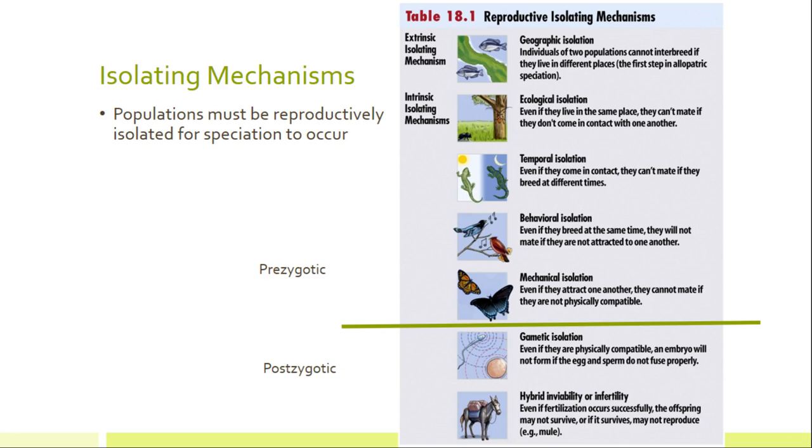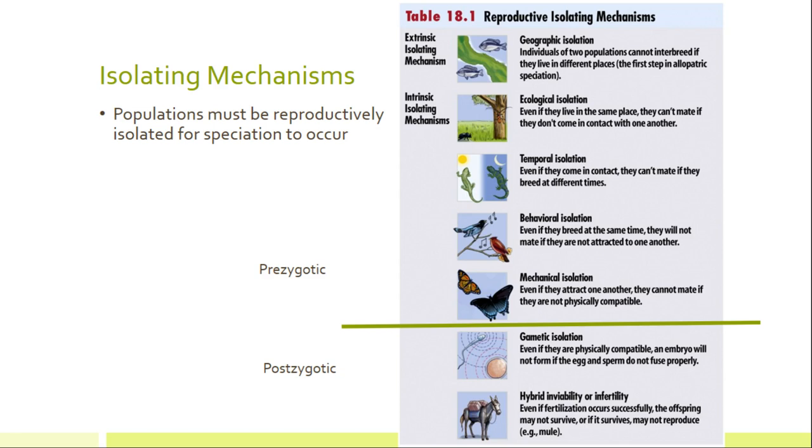All right, so postzygotic. Let's say that geography works, ecology works, timing works, behavior is good, and everything else works, right, physiologically. The gametes, the sperms cannot merge with the egg. They can't fuse. It does not work. And even if you do get the egg and the sperm to fuse and you form a zygote, then we've got our mule, right?